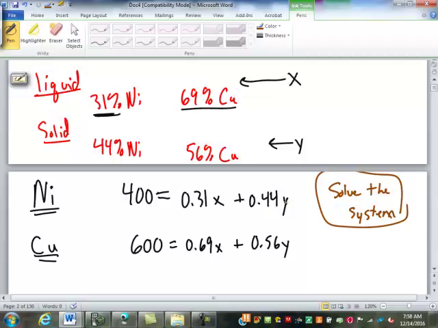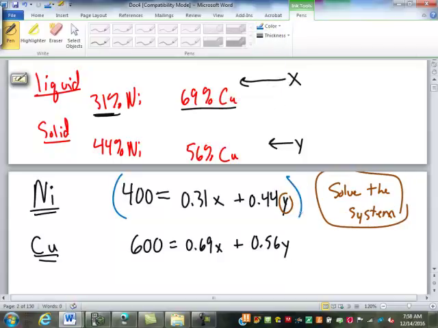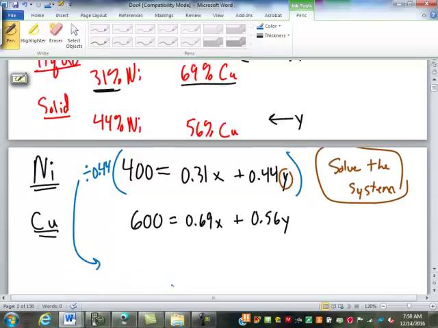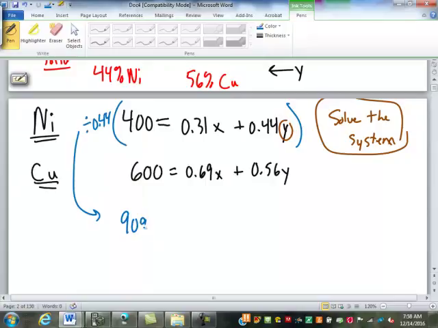So I'm actually going to eliminate my Y here. The coefficient of Y here is 0.44, so I'm going to divide this by 0.44. So that's going to give me 400 divided by 0.44, 909.09. 0.31 divided by 0.44.